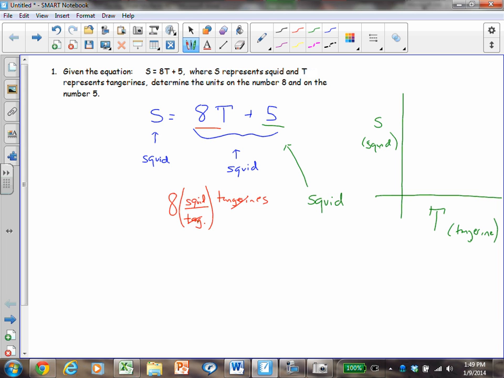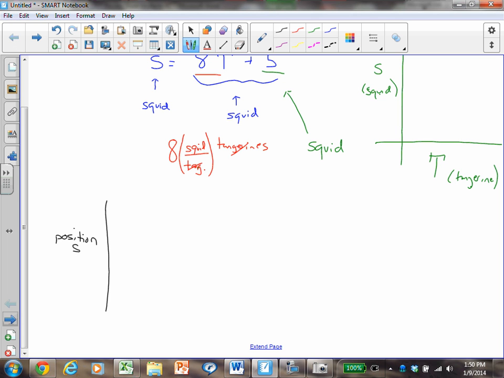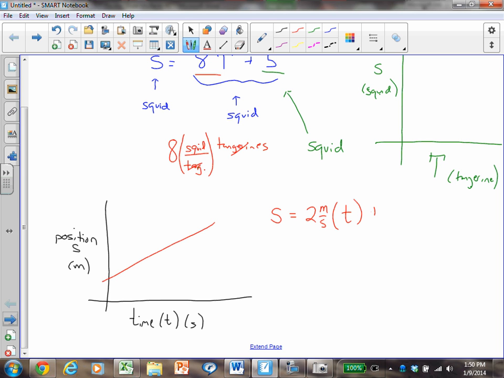So a more real world example would be position S, because remember S is position, delta S on our chart and everything, and that's meters, versus time T, and that's seconds, and we could have something like that, and we would have the equation, our position equals 2 meters per second times T plus 1.2 meters.